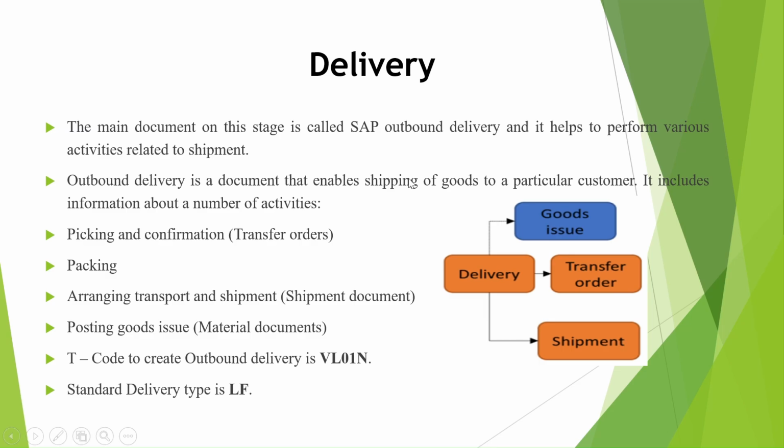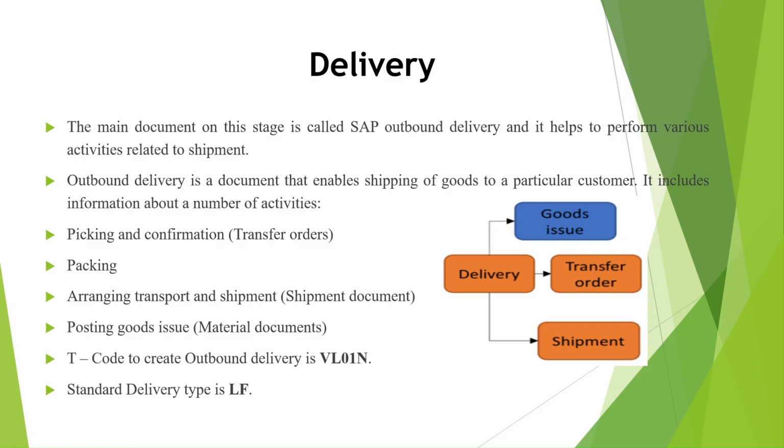Then next is delivery or shipping. This is nothing but the execution phase. Now the company starts execution. An outbound delivery is created to manage the shipping. It includes picking, packing, transport arrangement, PGI, etc. To create a delivery, we use T-code VL01N and the standard delivery type is LF.